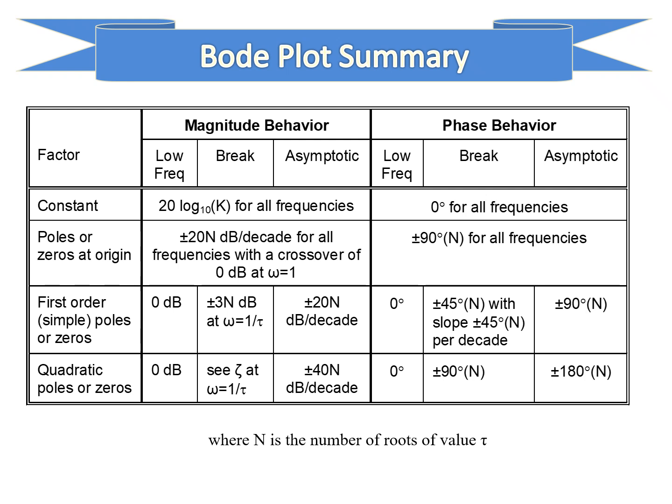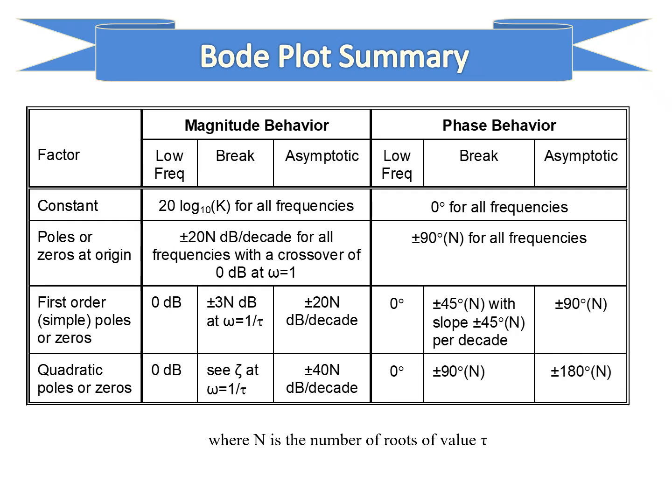For phase, low frequency it is 0 degrees. For break it is plus minus 45 n degrees with slope plus minus 45 degrees multiple n per decade. And asymptotic it is plus minus 90 degrees multiple n.